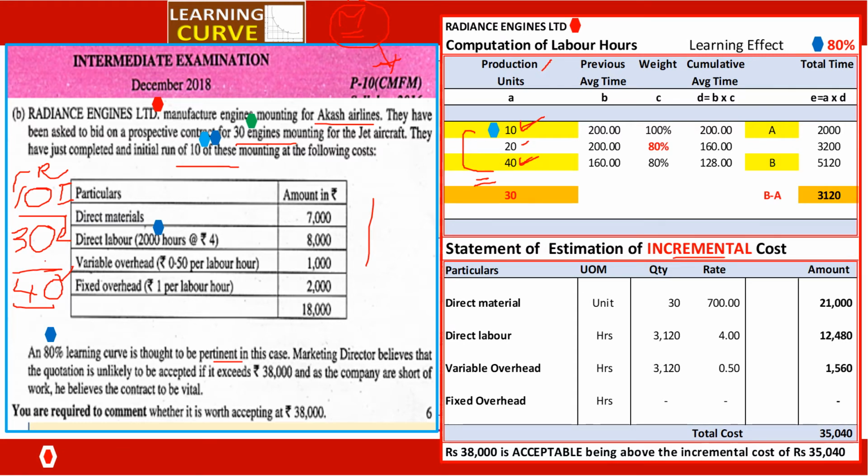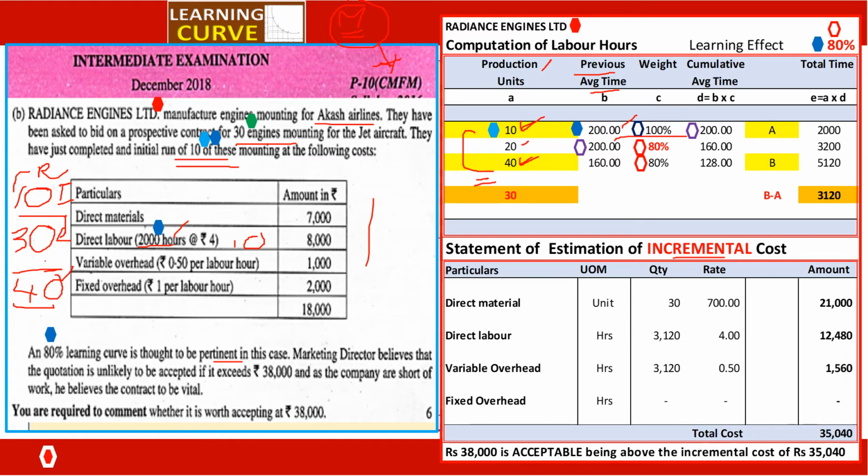What it says, direct labor, we use 2000 hours in respect of 10 mounting machines. For 10, you used 2000 hours, so per machine, previous average time per unit, how much did you use? You used 2000 divided by 10 is 200. Once you use 200, first will be always at 100%. You put 200, shift that. Now apply 80%.